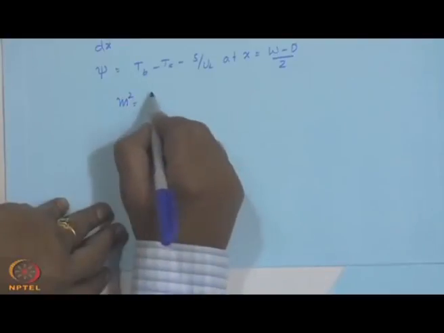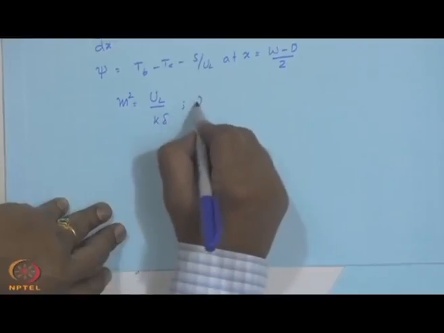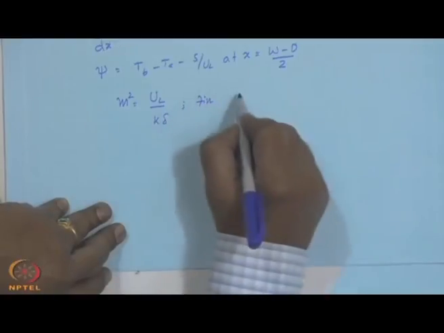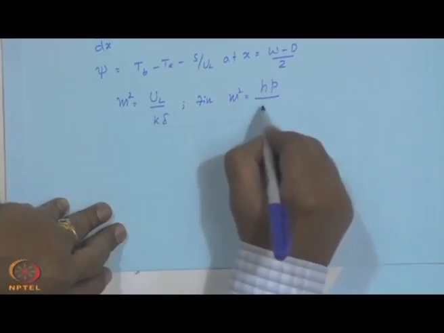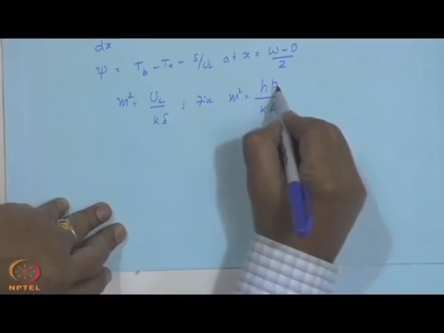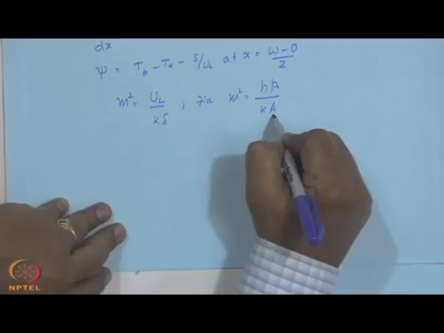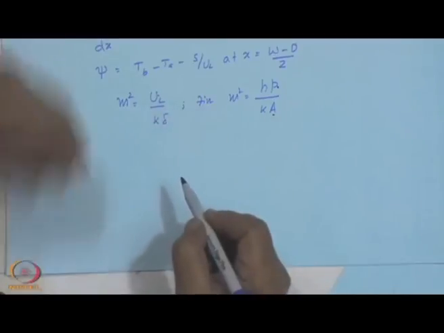It is nothing but exactly the fin equation. Okay? And you can see that m squared is U_L upon k delta, and in the fin case m squared is h into p upon k A. So, you have a length dimension extra here and another length dimension extra here. Instead of that, you will have U_L by k delta in this case. Otherwise, it is nothing but the fin equation.